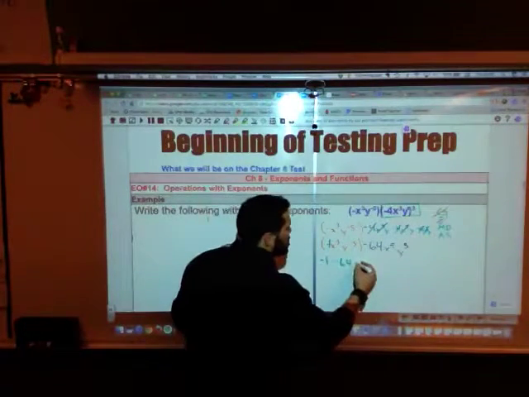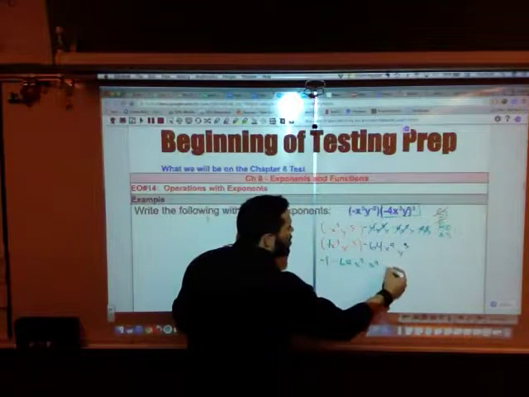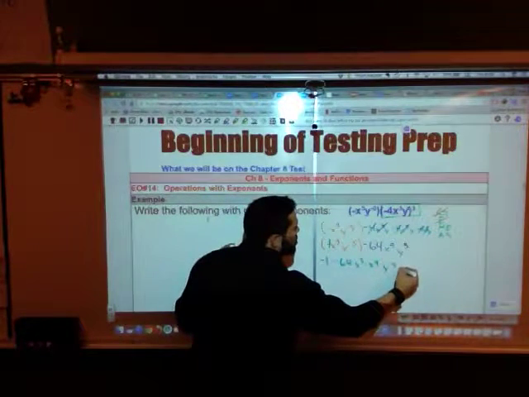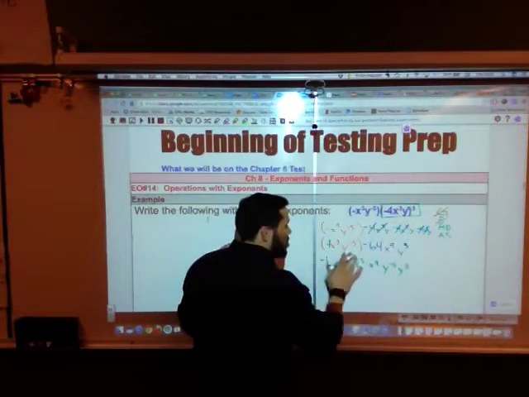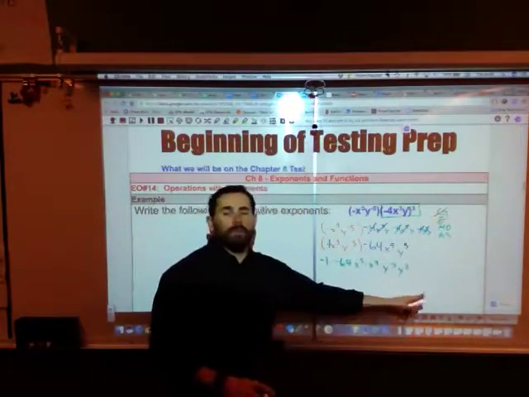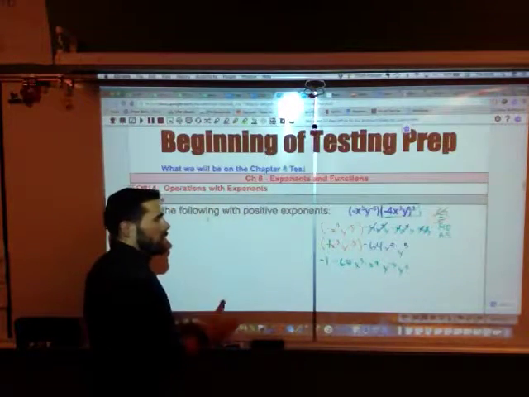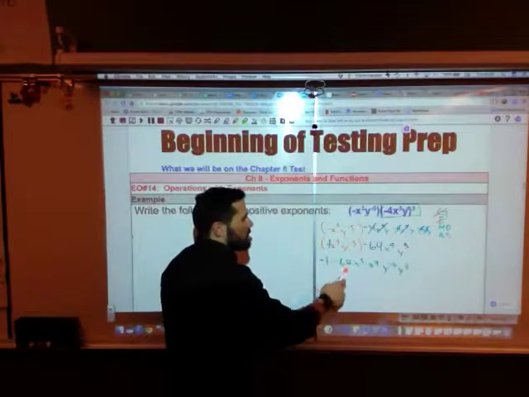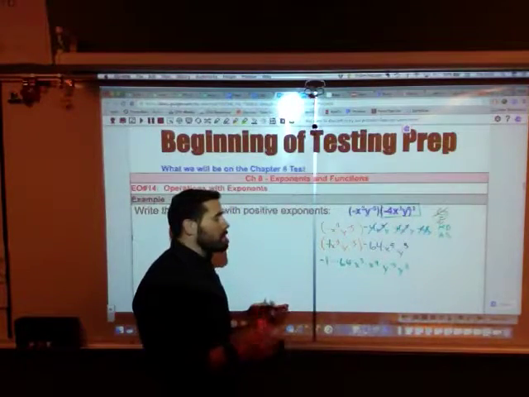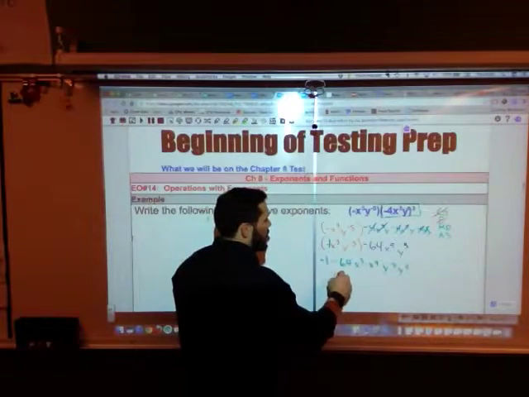I'm going to put my x's next to each other. I'm going to put my y's next to each other. It's still the same multiplication fact, but now there's just a different order to make it easier on me as I'm solving the problem. And the reason it's easier is because now these are sort of like terms, and I can multiply them together. A negative times a negative is a positive, and I get 64.